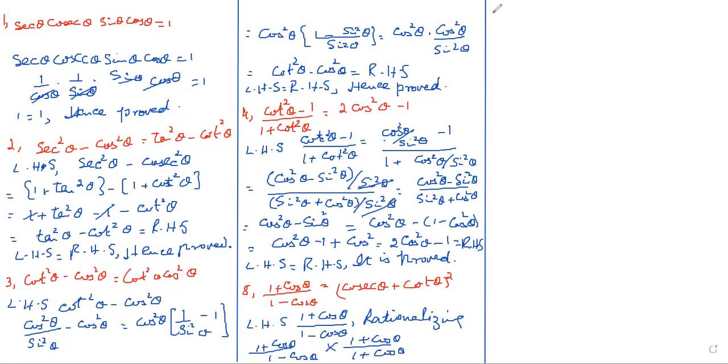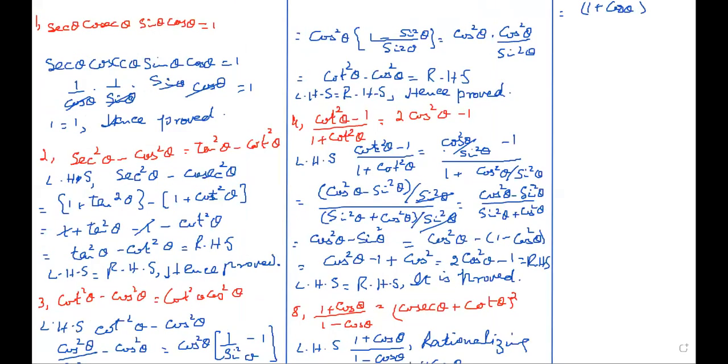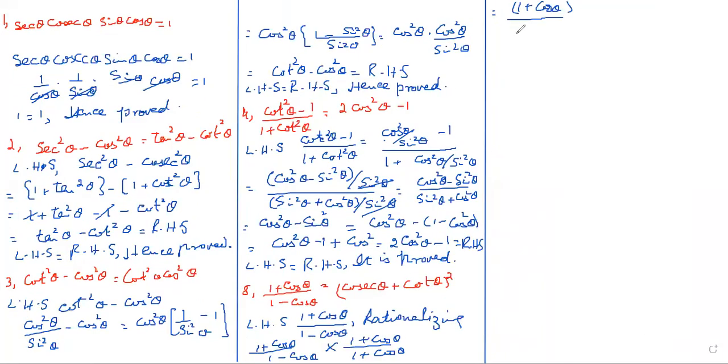So we get on the numerator 1 plus cosine theta the square, divided by 1 minus cosine square theta.